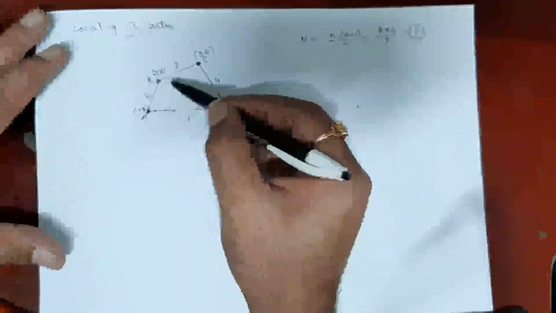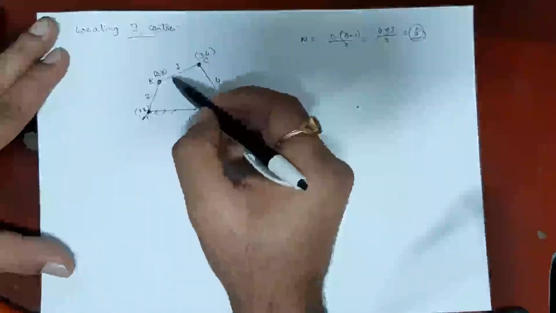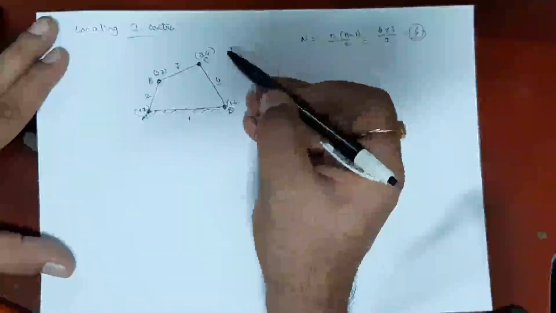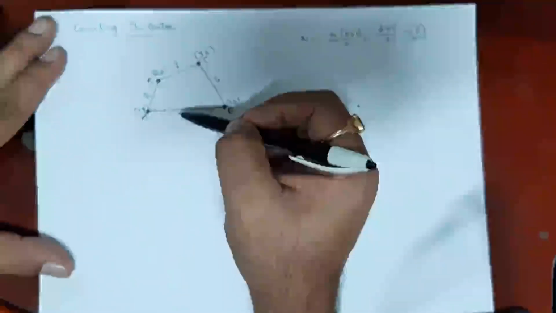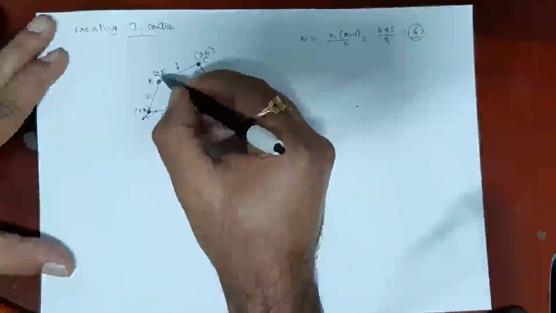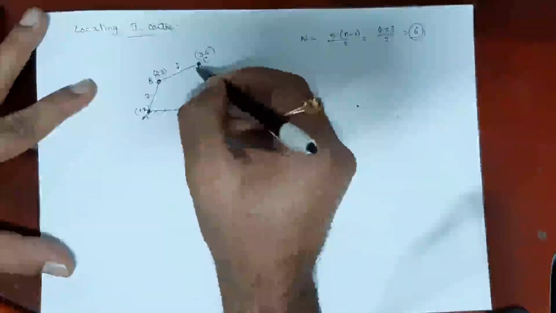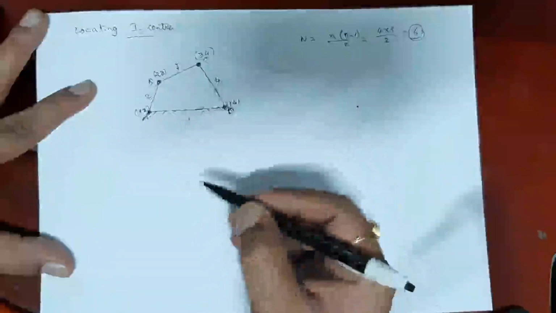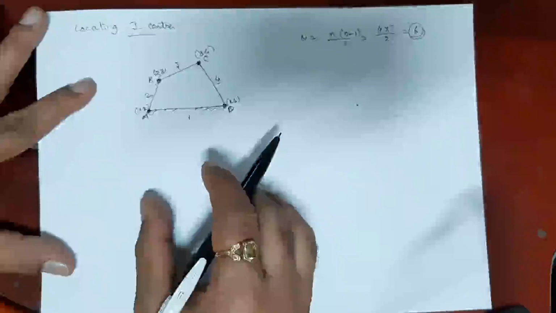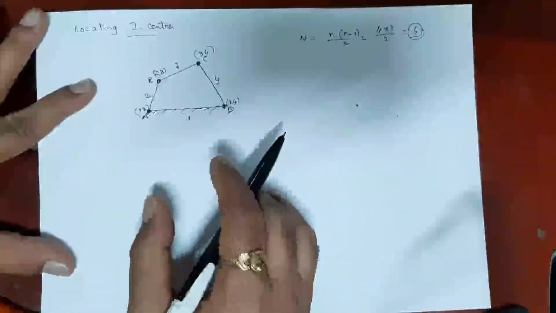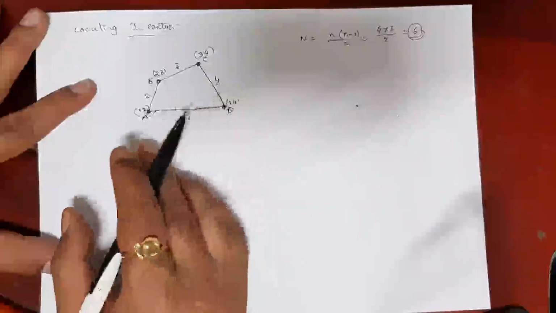So these are not fixed instantaneous centers, but they are permanent. Why do we say they are permanent? Because I23 and I34 are always at the joints B and C. So they are permanent instantaneous centers, but not fixed.